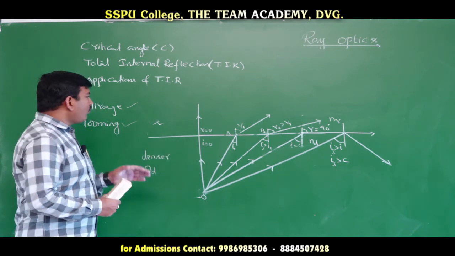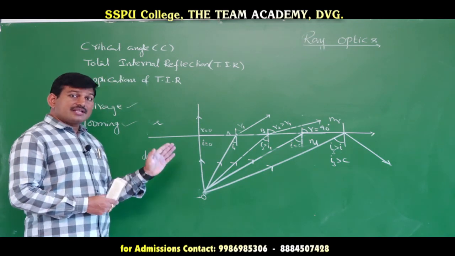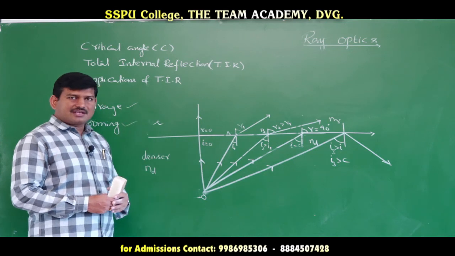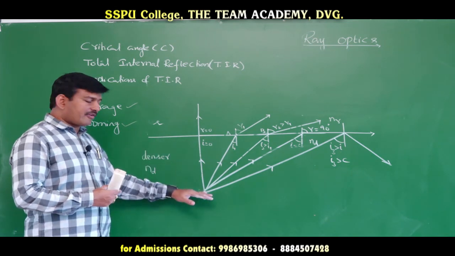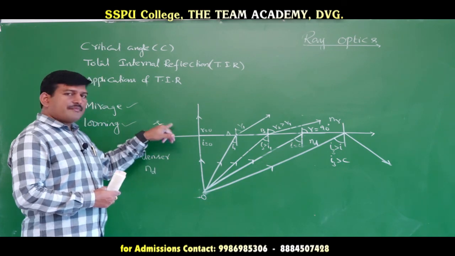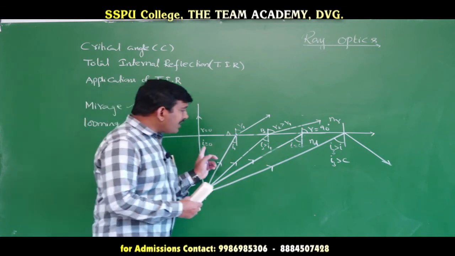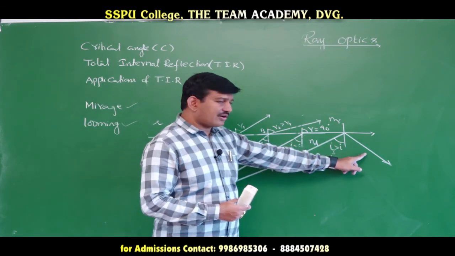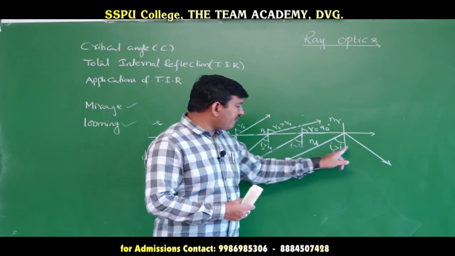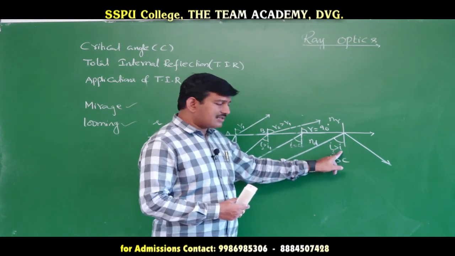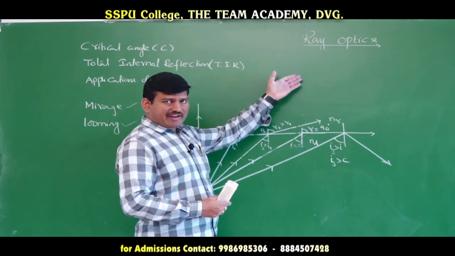Okay. Then what is total internal reflection? Total internal reflection is an optical phenomenon noticed when light is traveling from which medium to which medium? When light is traveling from denser medium to rarer medium. And when can we notice the total internal reflection? We can notice total internal reflection only for angles greater than the critical angle. For angles less than the critical angle, there is no reflection, there is only refraction.